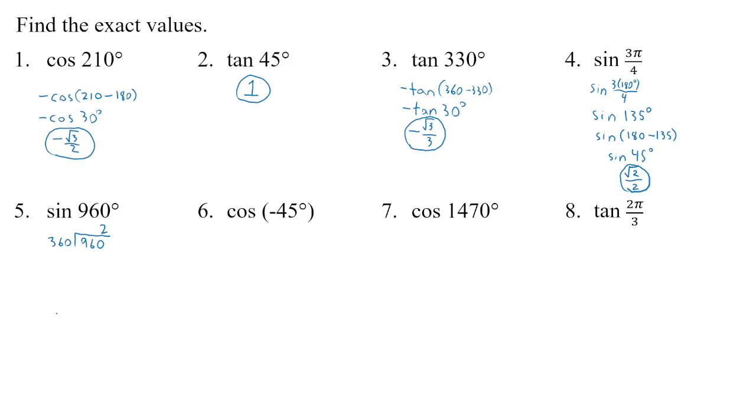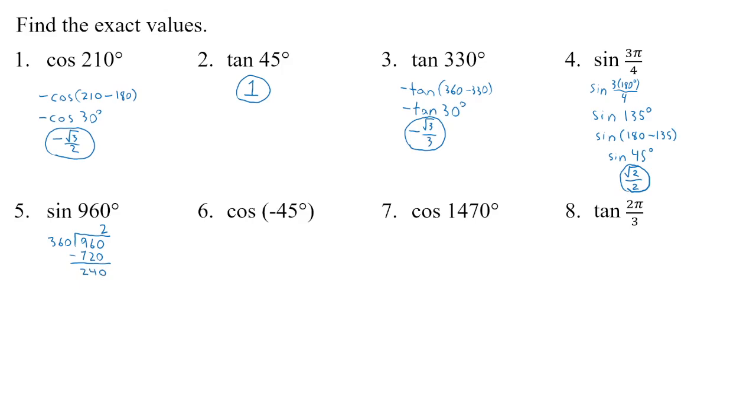So 2 times 360 is 720. 960 minus 720 is 240.